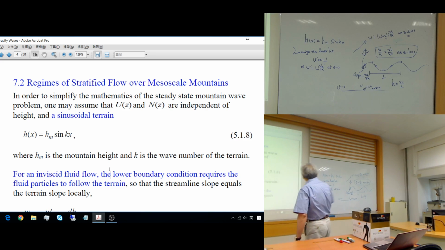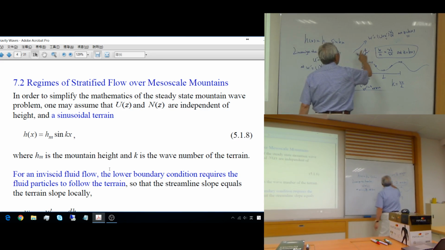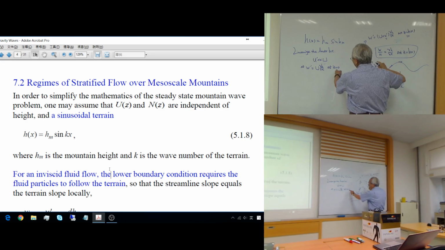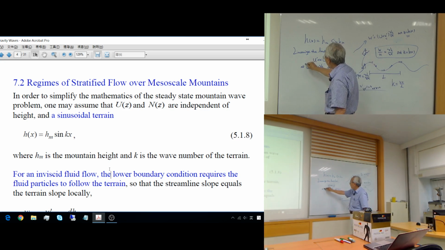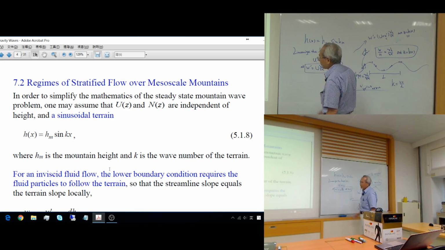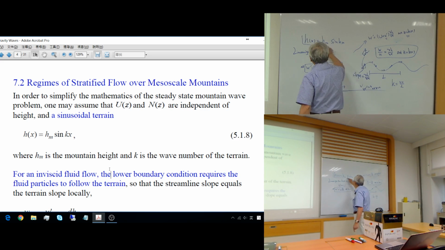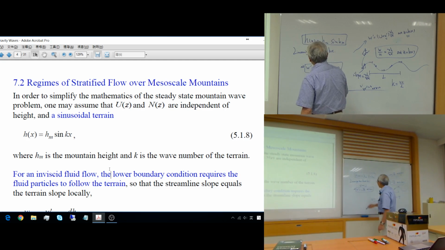So we linearize two parts: this nonlinearity and the other nonlinearity. We apply it at z equals 0. So this is our linear lower boundary condition, and this is our terrain.